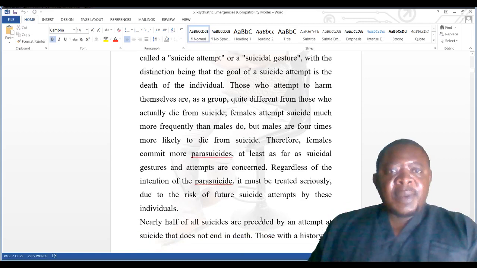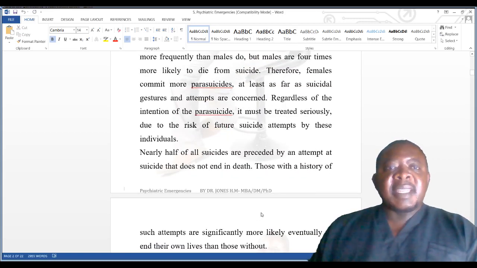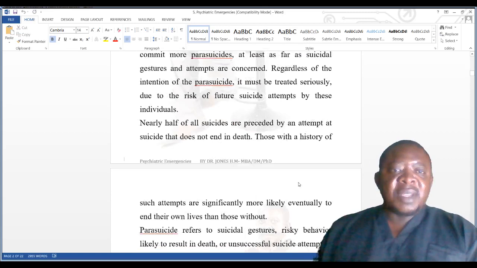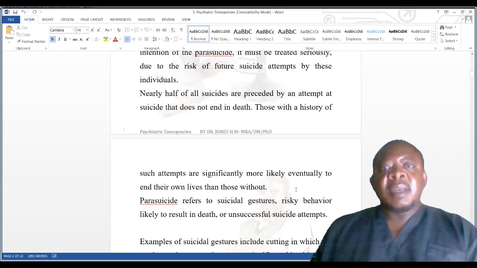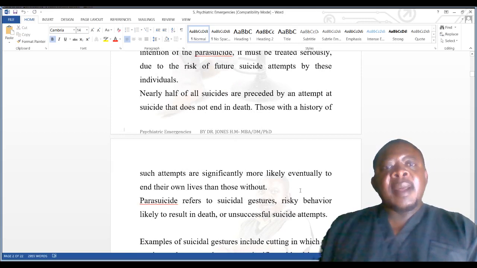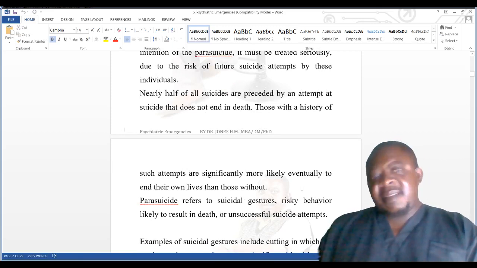Nearly half of all suicides are preceded by an attempt at suicide that did not end in a death. Those with a history of such attempts are significantly more likely to, at some point, take their own lives.